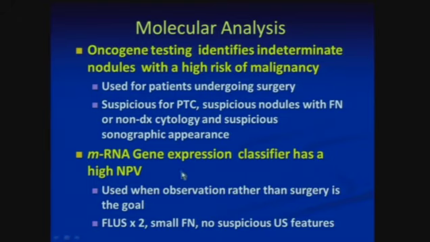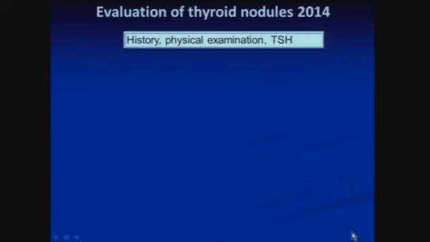Differently, the gene expression classifier is a test that has very high negative predictive value. We use this when observation is an option for that patient, when we don't want to have to send the patient to surgery to prove that a nodule with very high likelihood is benign, and we tend to use this in FLUS, small follicular neoplasms, and those with no suspicious sonographic features.